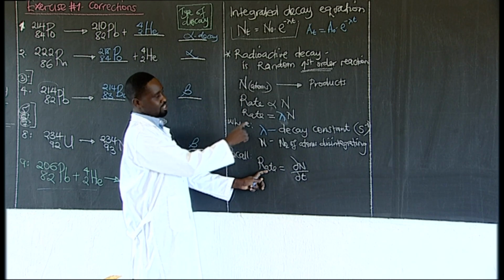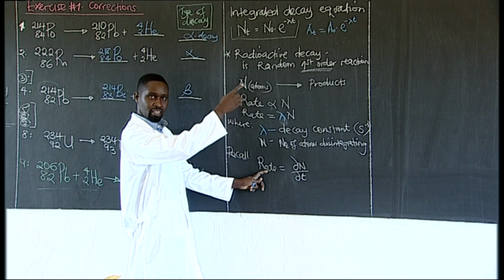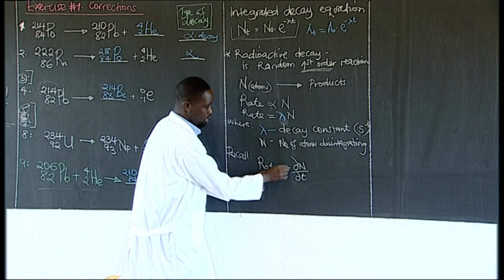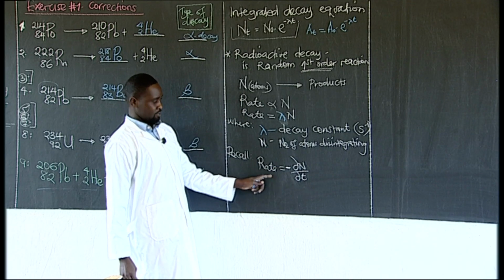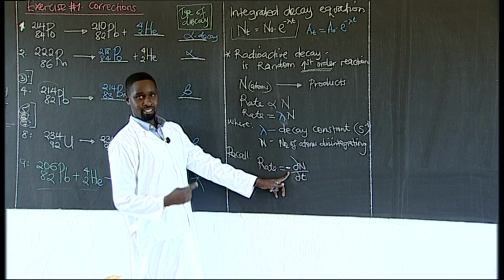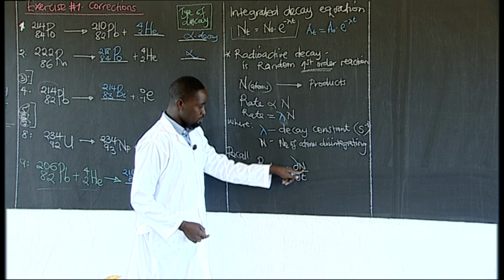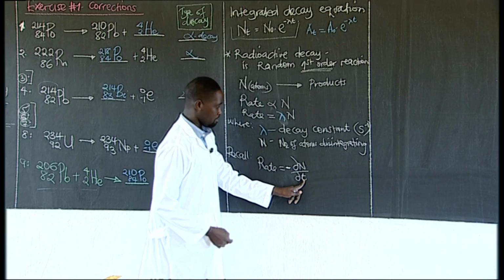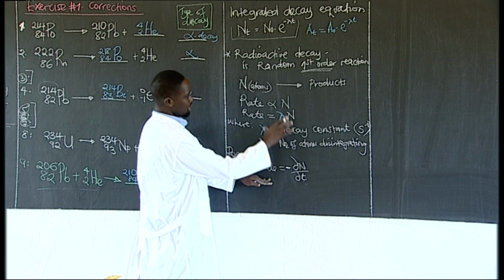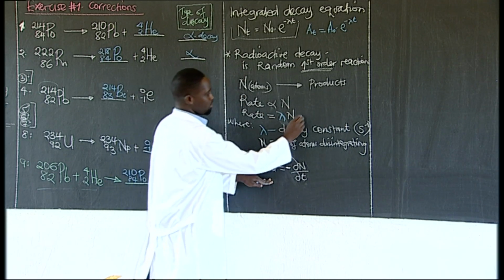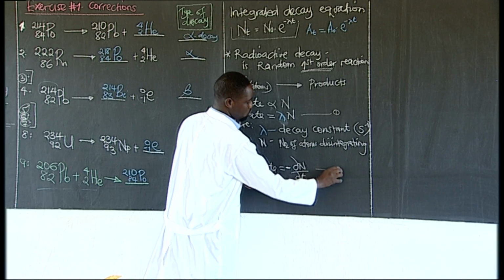But because these are decreasing, they are disintegrating, we include a minus. The minus implies the decrease in the number of atoms with time. So we have this, and let me call this 1 and 2.